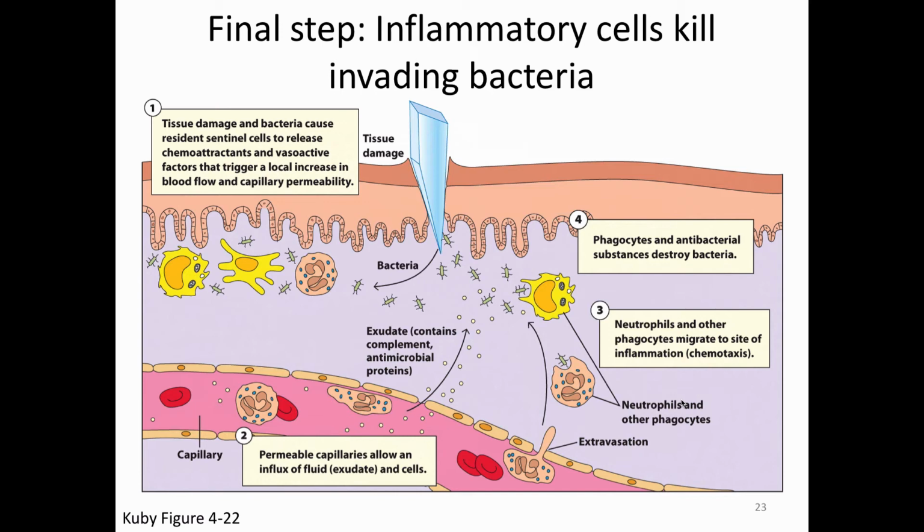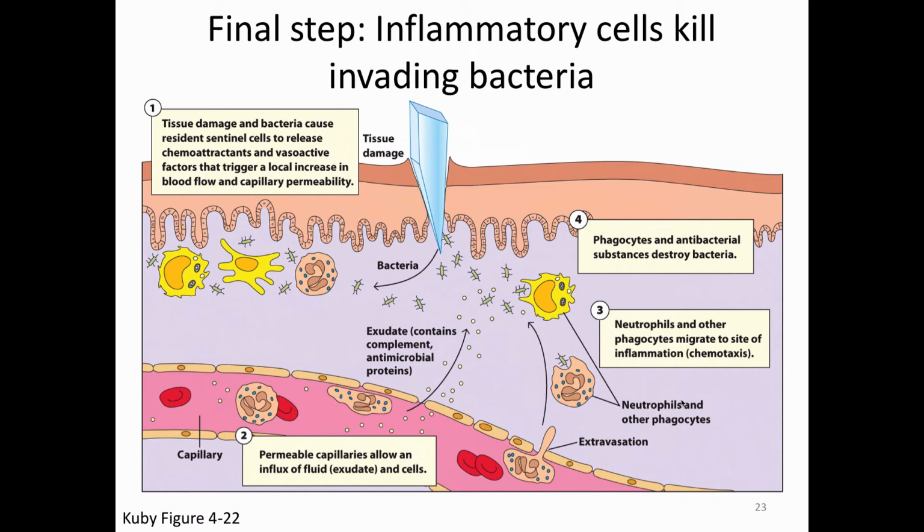Like here it's not leaky, and here it is. But I liked the side-by-side view a little bit better. Here it does get bigger, but the other view's a little easier. Our capillaries are permeable. We get fluid in, which contains complement, antimicrobial proteins, and also cells. Frequently these are neutrophils, as you can see in number 3.